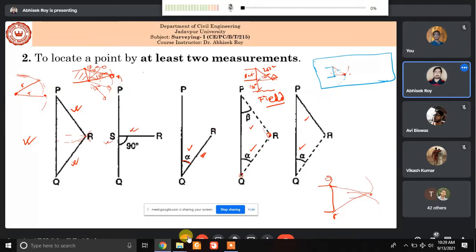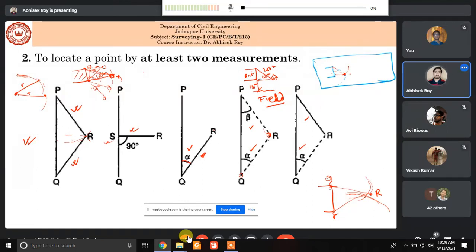But only a single point is possible which is at a distance of 175 meter from Q and 150 meter from P, right? Because these two circles will intersect at a single point. So obviously one single such point is possible.